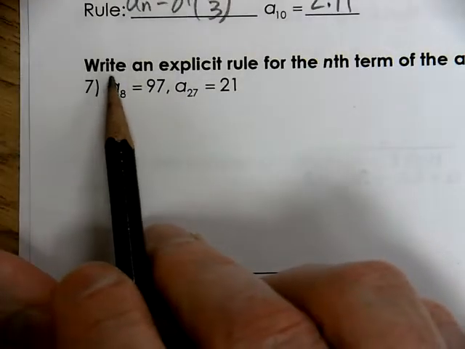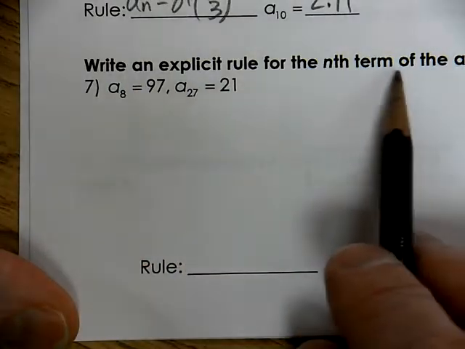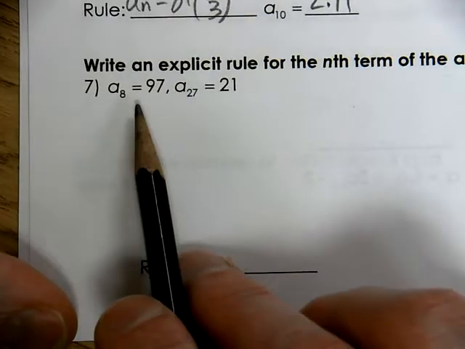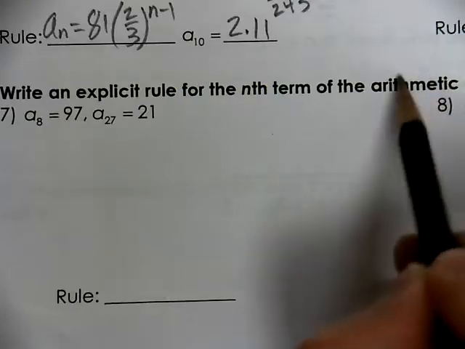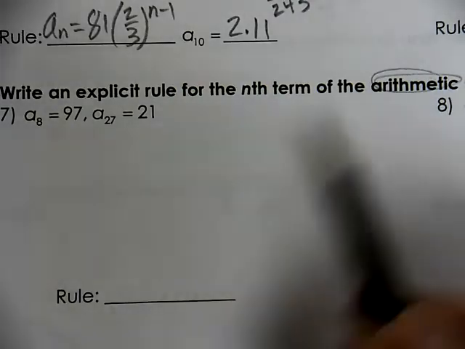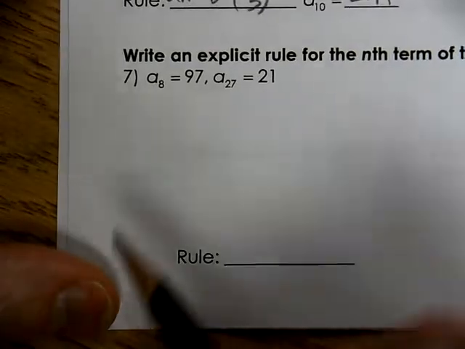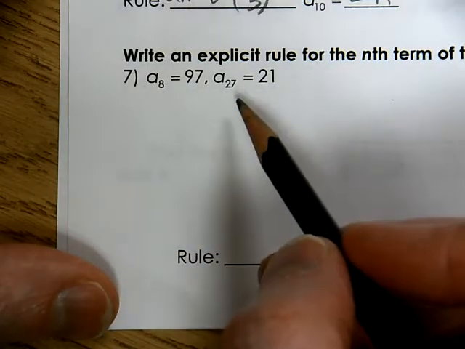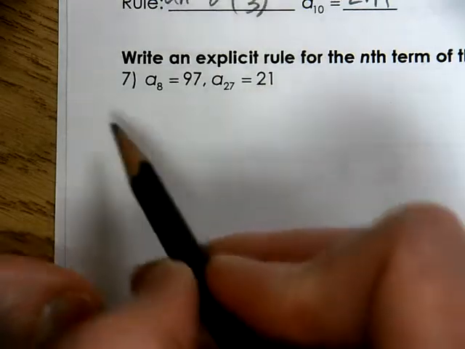Next, we're going to write an explicit rule for the nth term. Now, we're told that this is an arithmetic pattern, sequence. So, there's a couple different ways. We have done it in class one time where we did the slope.